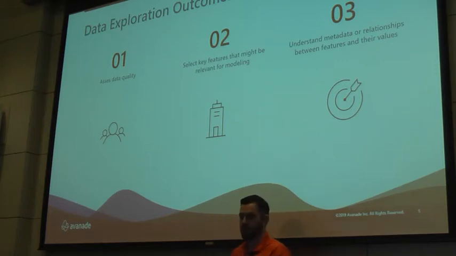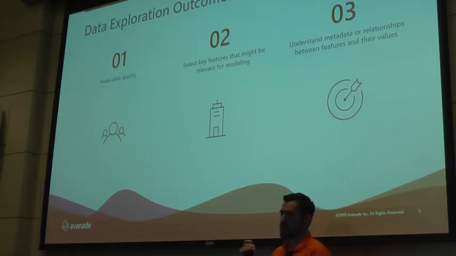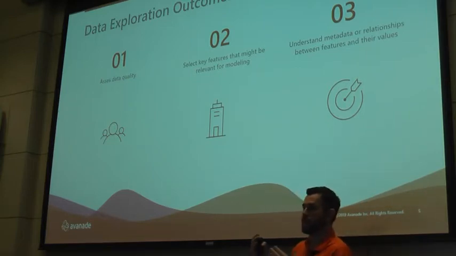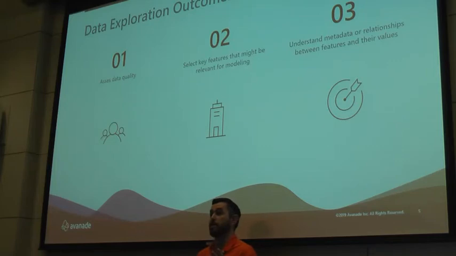And that code maps to another table. So that's understanding the metadata of the data, as well as the relationships between the features. How does one correlate to the other? The example you always see is predicting house prices.